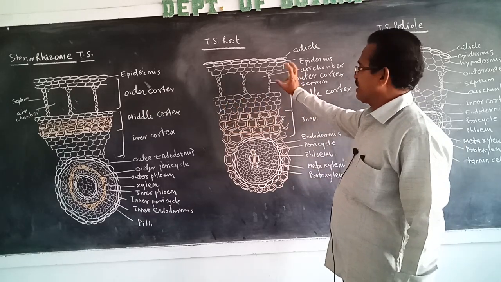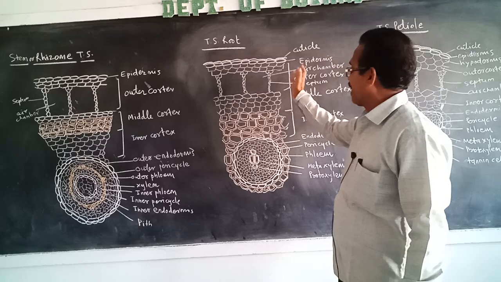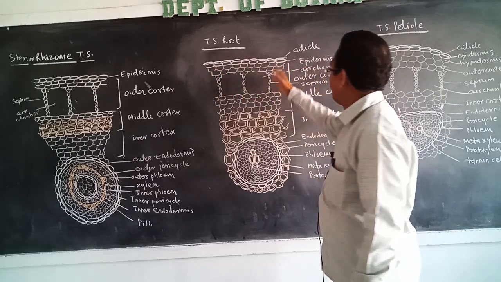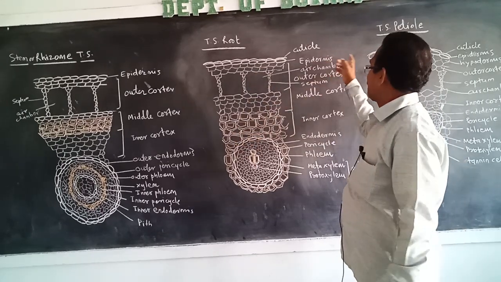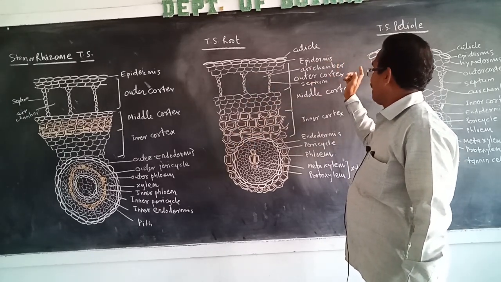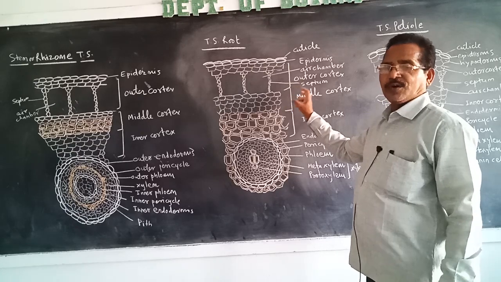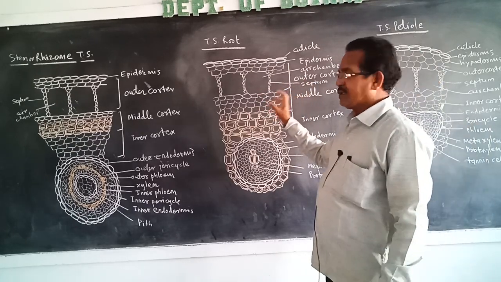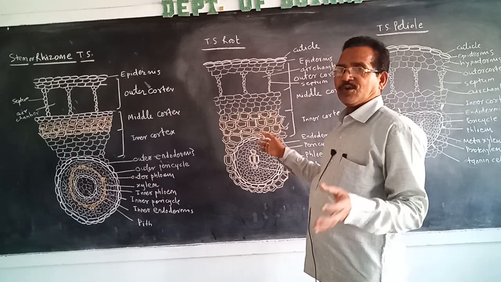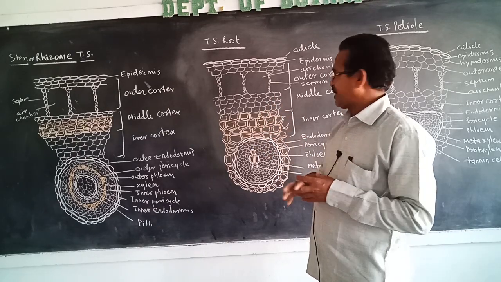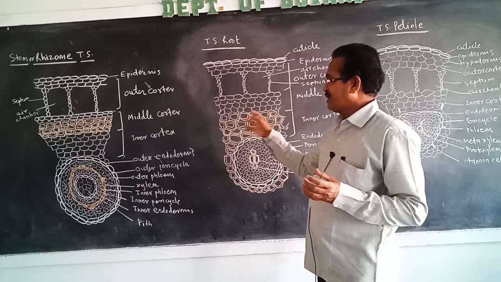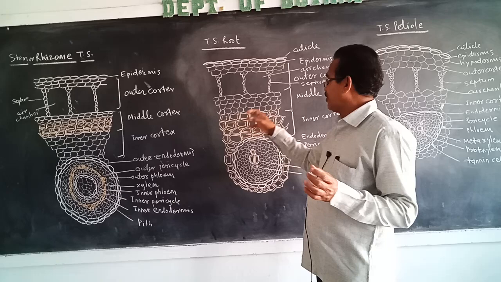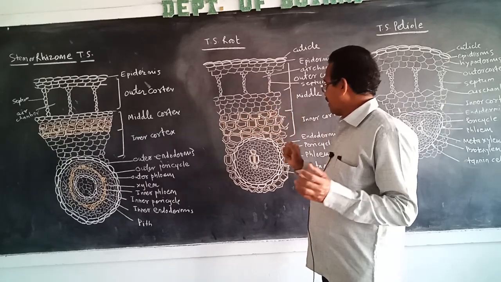The outer cortex is parenchymatous, having a number of air chambers separated by partition walls called septa. The middle cortex is also parenchymatous, with cells compactly arranged without intercellular spaces, while the inner cortex is sclerenchymatous and gives mechanical support to the root.